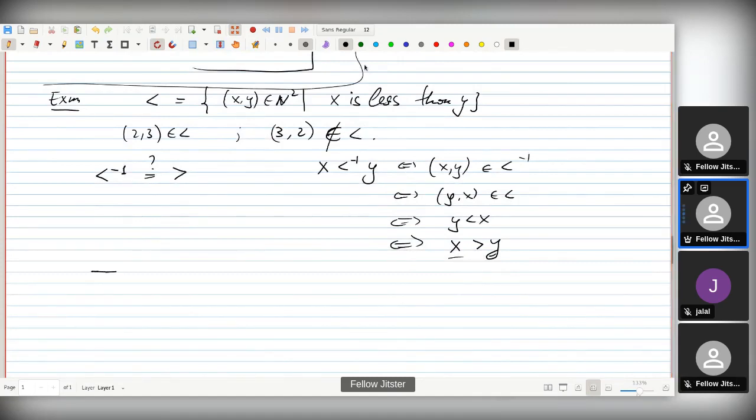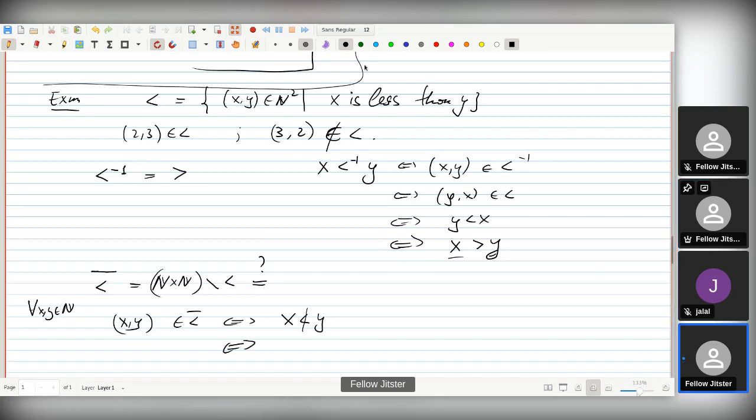But what if we take the complement? The complement is the set of all such pairs of naturals where the first coordinate is not less than the second one. What is it? Look, (x, y) belongs to the set if and only if, for every x and y from N, x is not less than y. What does it mean?